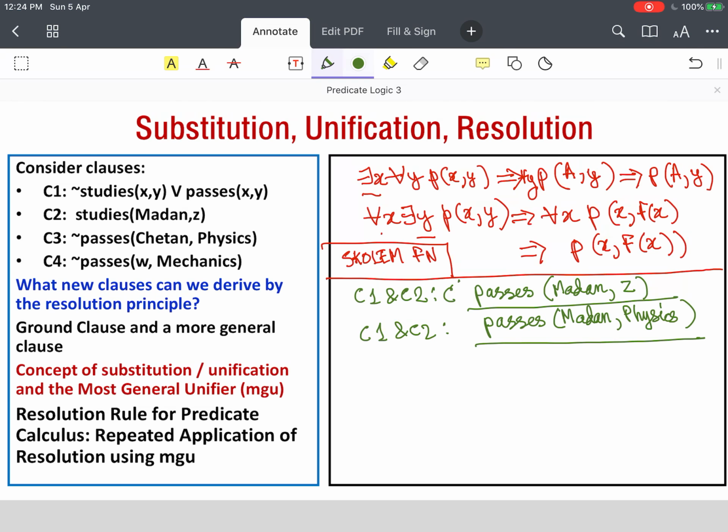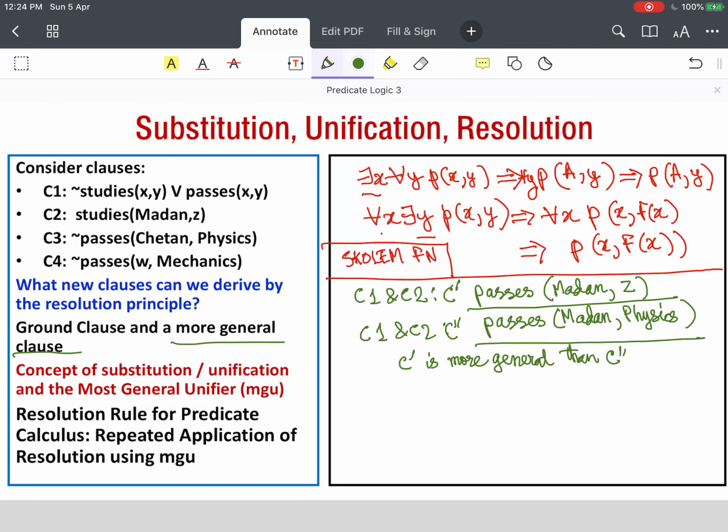Out of these two, this one, let us call it C dash, and let us call this C double dash. C dash is more general than C double dash, which means that C dash is more general because the number of cases that C dash can cover is much more than what C double dash can cover.